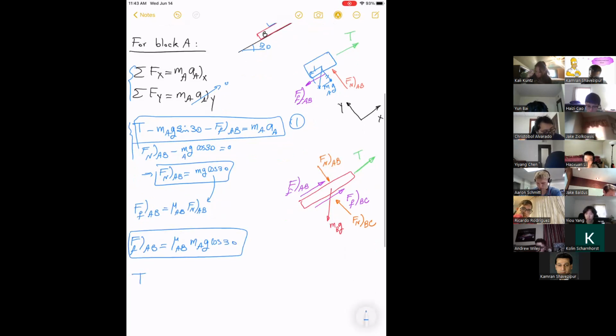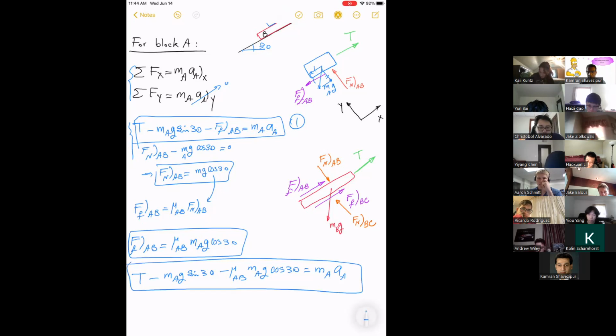So P minus MAG sine 30 minus mu AB MAG cosine 30 equals MA AA. And this is the final equation I get from here after implementing all those details. Equation 1, right? Any question about this? Any of you cannot do this?